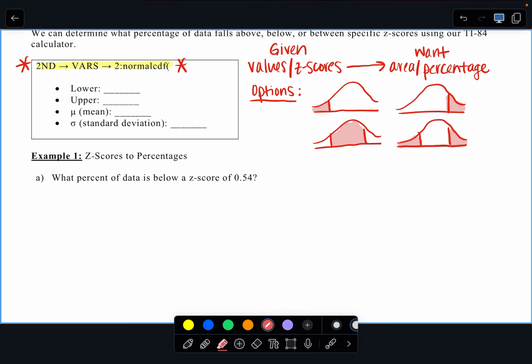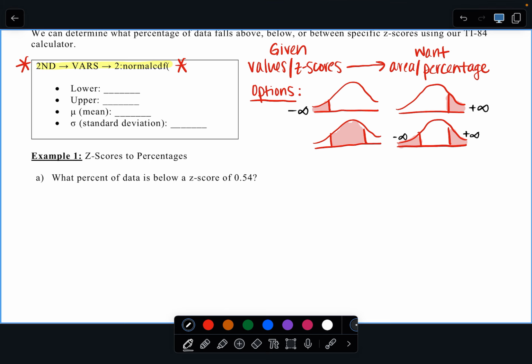Now, these are kind of the 4 options you can do when it comes to a normal CDF question. The one thing I want to point out is it will go all the way to negative infinity if you are shading below. It'll go all the way to positive infinity if you're shading above. And the same thing kind of applies when you're going outside of.